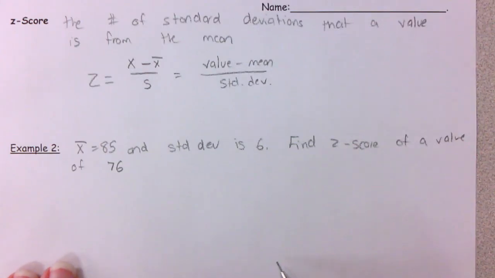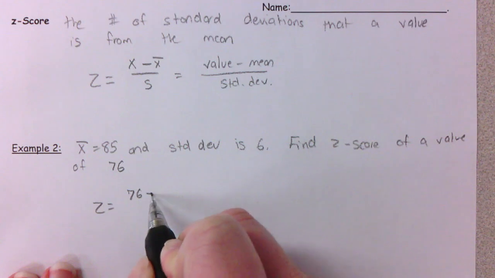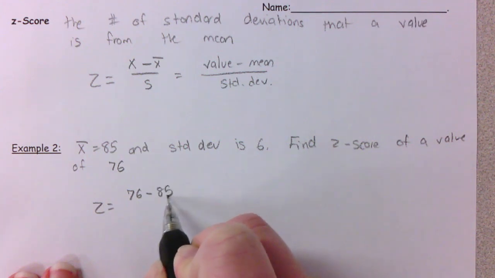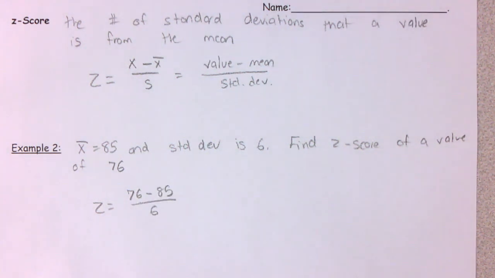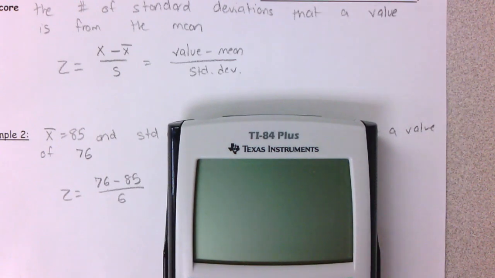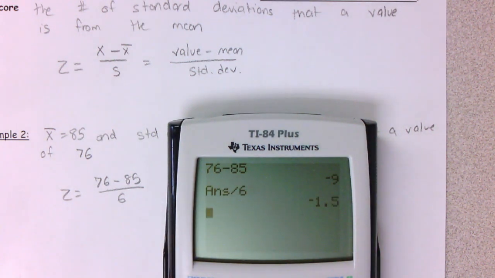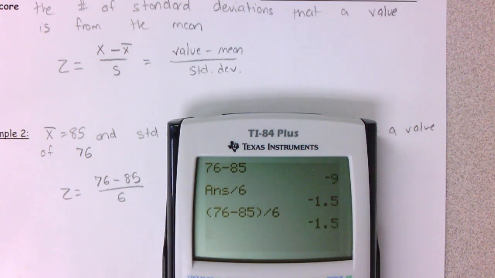Okay, so super easy. I'm going to take the value minus the mean and divide by 6. So just a note on the calculator: if you type this in, you either need to do 76 minus 85, hit enter, and then divide by 6, or you could do 76 minus 85 in parentheses divided by 6.